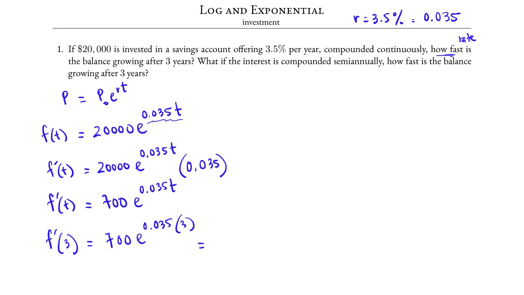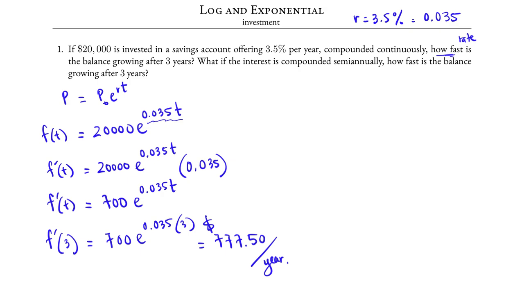Put this in a calculator. We will get $777.50, which means after 3 years, the balance will be growing by $777.50 per year. This is how fast the balance is growing.